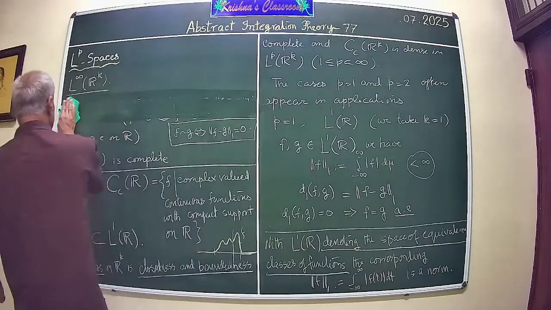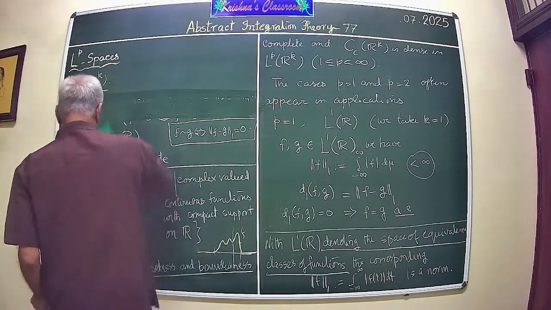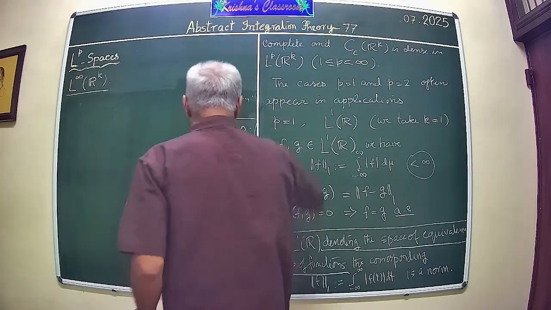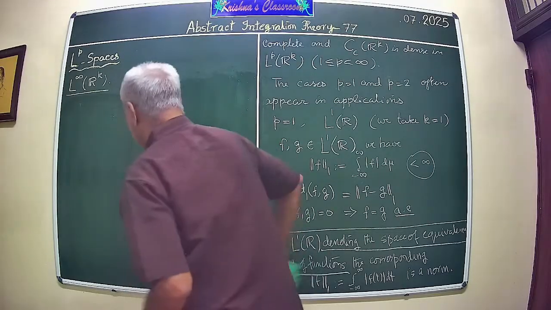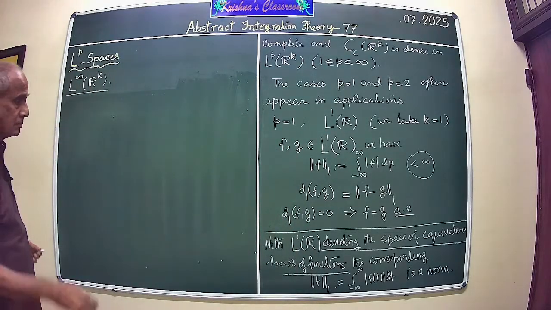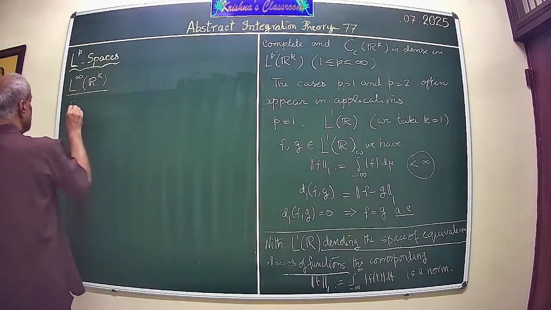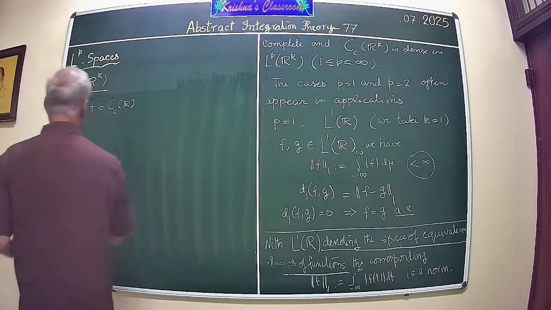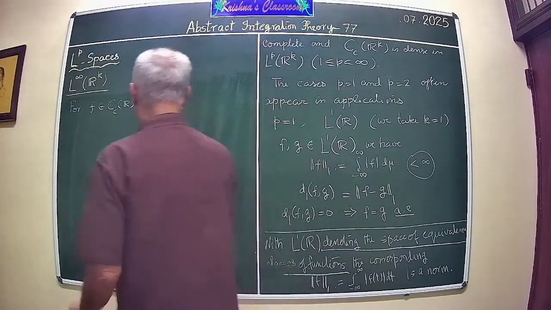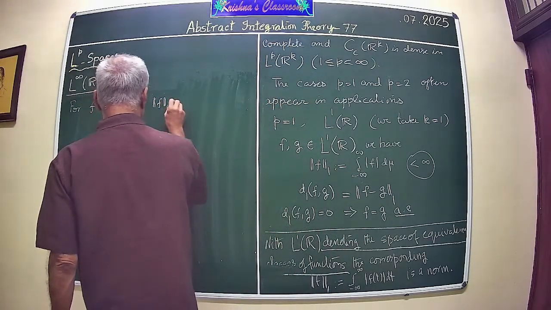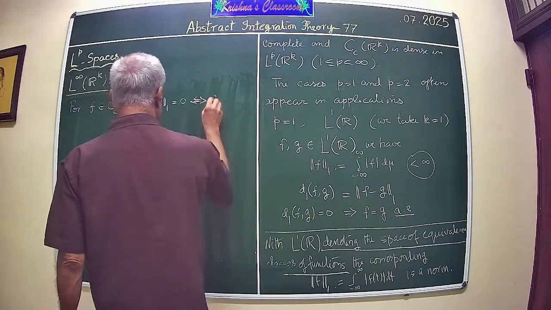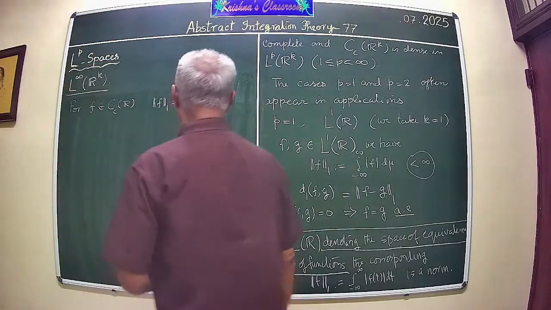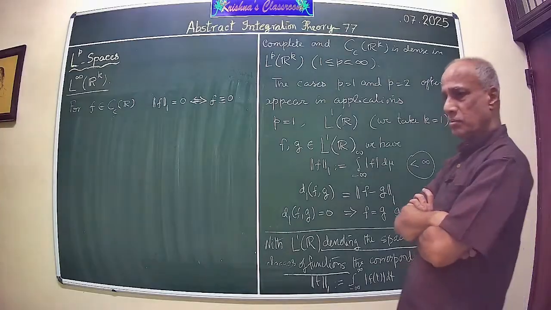So in C_c(R), f is identically 0, not f is equal to 0 almost everywhere.